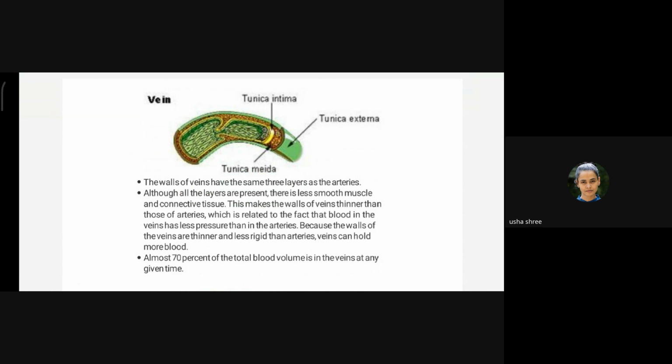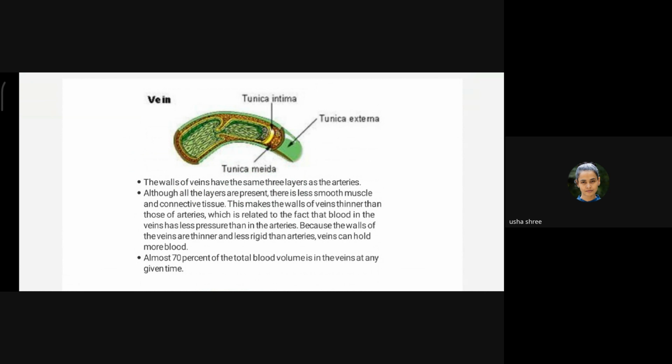Although all three layers are present, there is less smooth muscle and connective tissue. This makes the wall of veins thinner than those of arteries. So what makes the wall of a vein thinner than arteries?